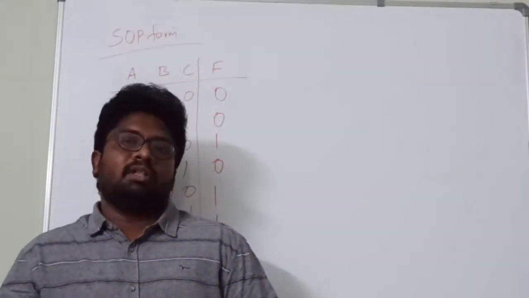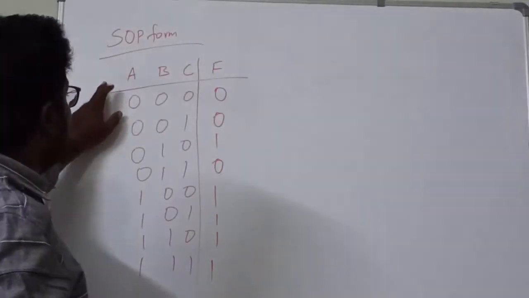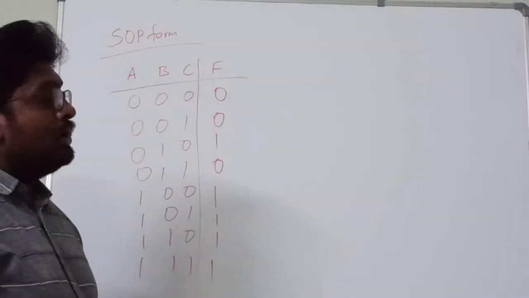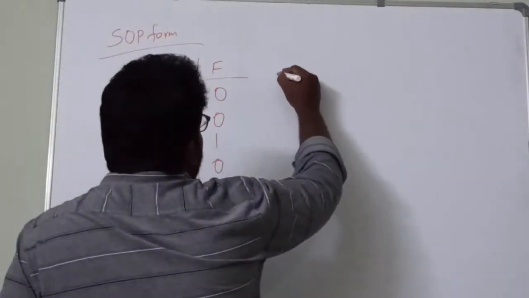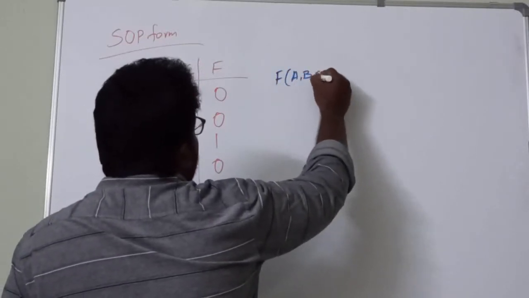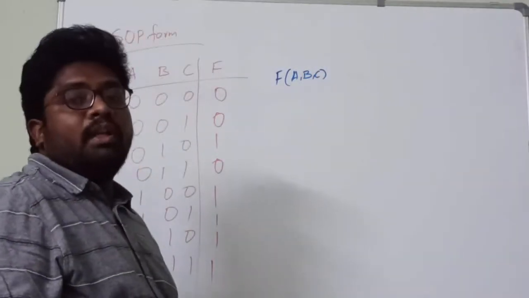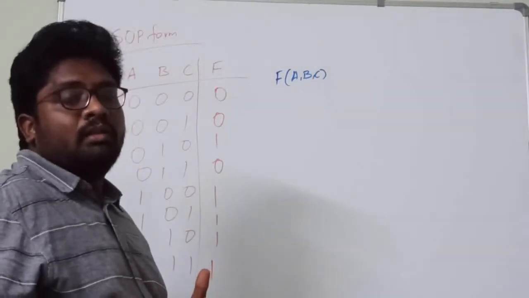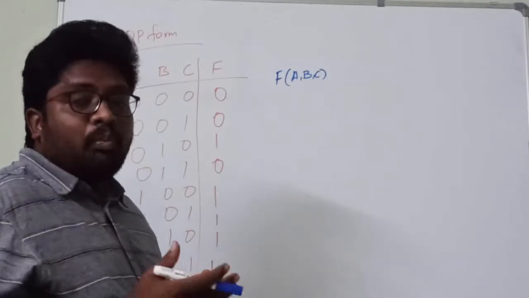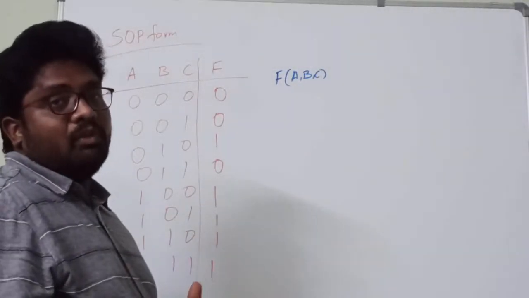Sum of products form. Let us take an example: here we are given a truth table with 3 variables. The function f consists of 3 variables, and now we need to find the Boolean expression using this truth table in SOP form.